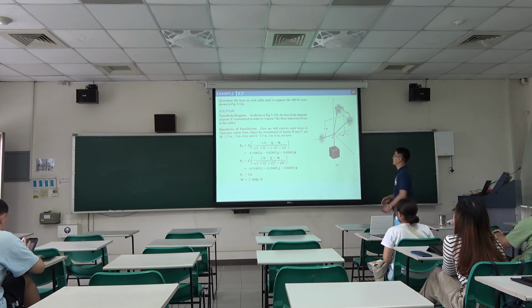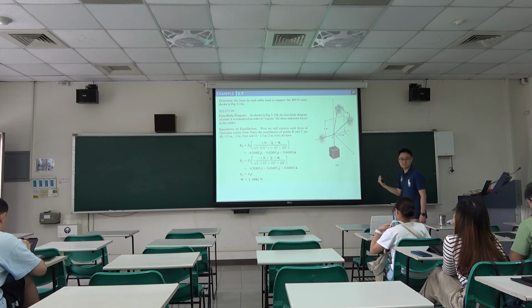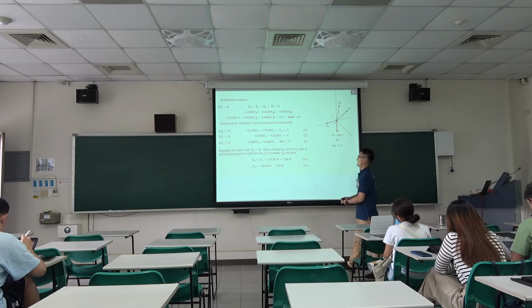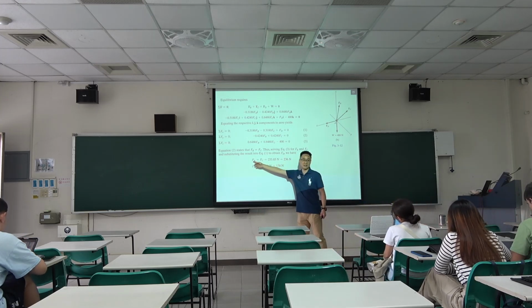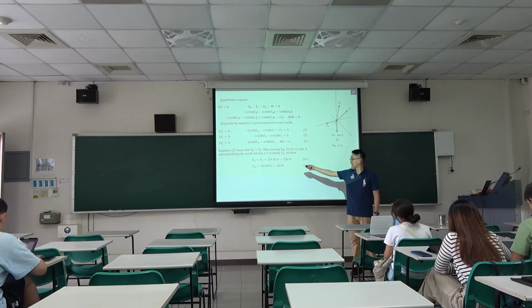So from our observation, we should know AB and AC are the same in terms of magnitude. Clear? Due to it being a symmetric system, B and C will have the same magnitude.